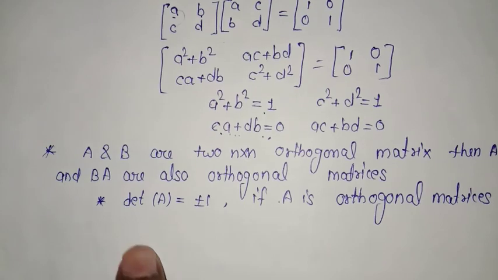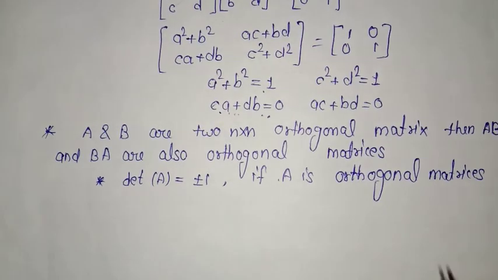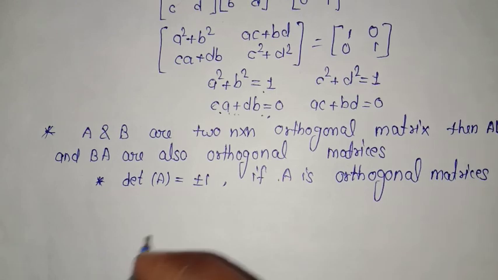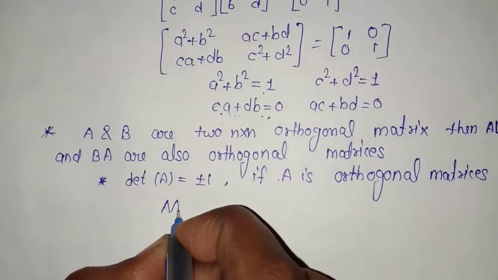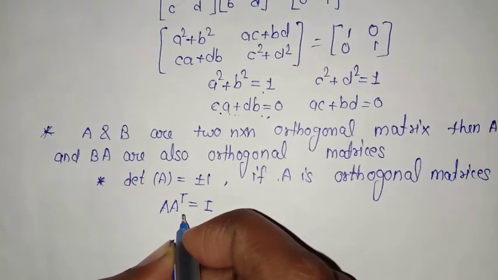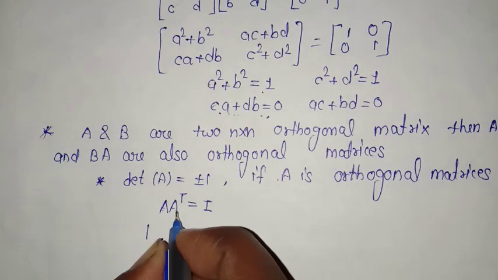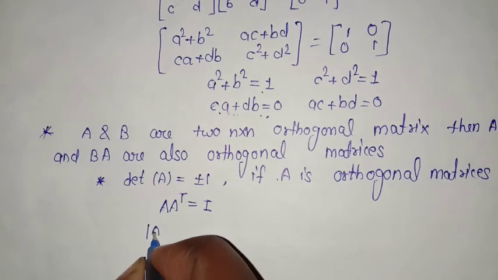Now I will prove how the determinant of A is plus minus 1 if it is an orthogonal matrix. By the definition of orthogonal matrix, we know that A times A transpose will be equal to identity. Now if I take the determinant on both sides, because both are the same order matrices, so we can take the determinant.